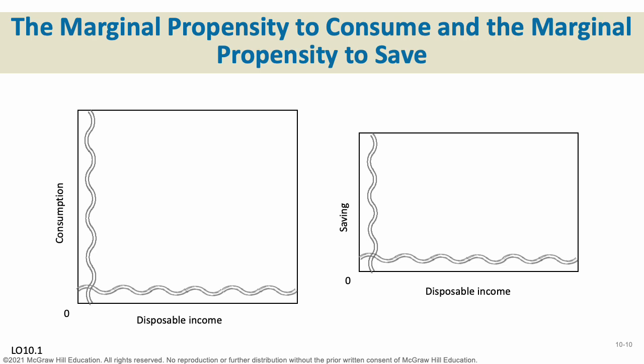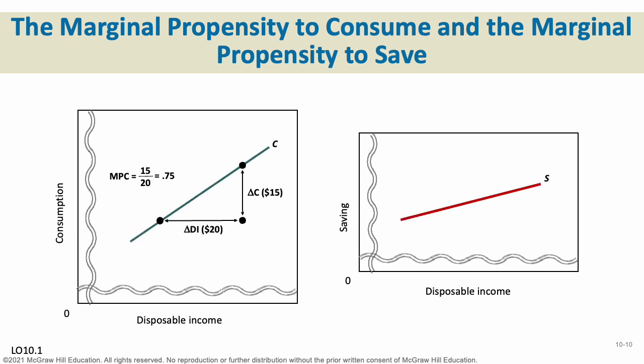So if we look here, marginal propensity to consume and save, they're going to sum total to 1. Of this $20, $15 of it consumed, $5 saved. So of a new $20 coming into the economy, that would be what happens here.